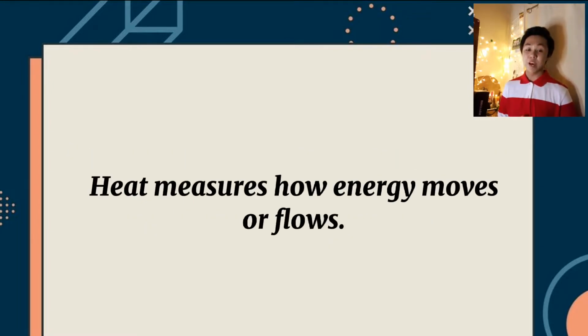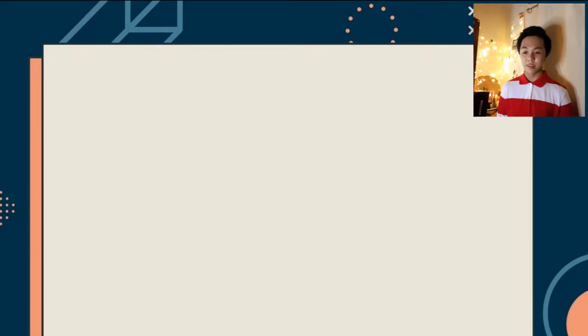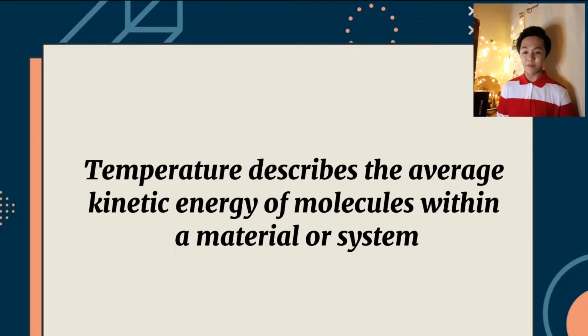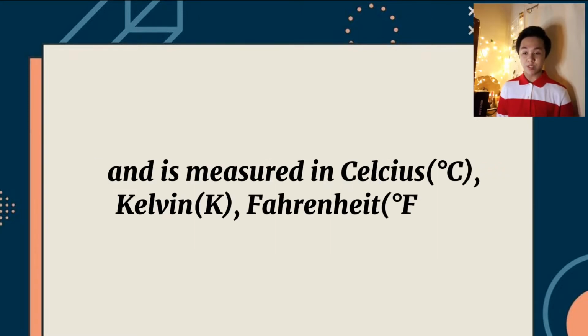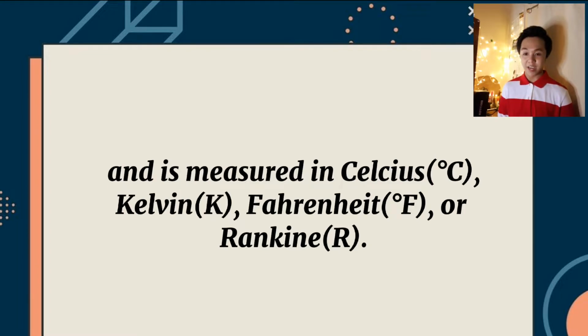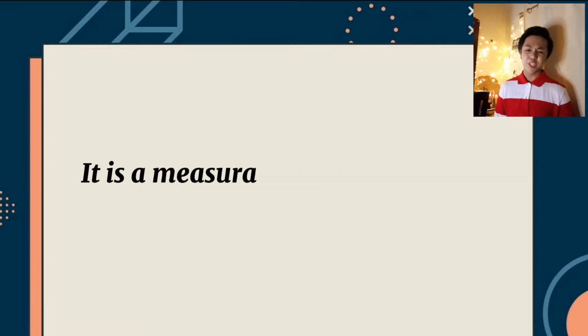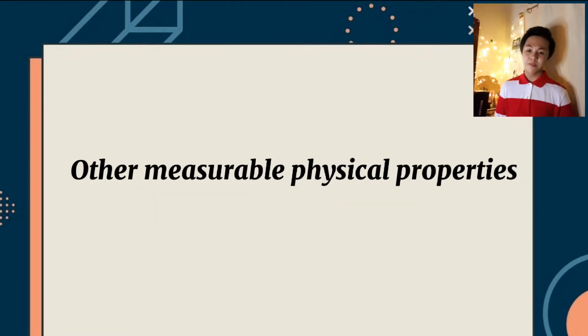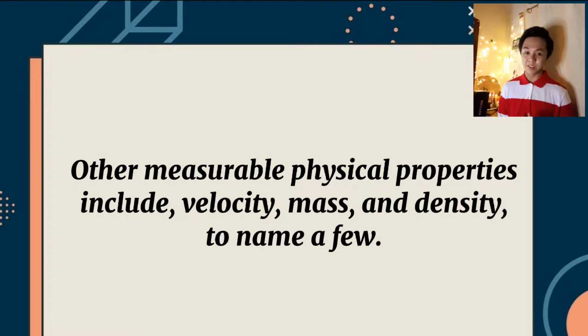Heat measures how energy moves or flows, while temperature describes the average kinetic energy of molecules within a material or system and is measured in Celsius, Kelvin, Fahrenheit, or Rankine. It is a measurable physical property of an object, also known as a state variable. Other measurable physical properties include velocity, mass, and density, to name a few.